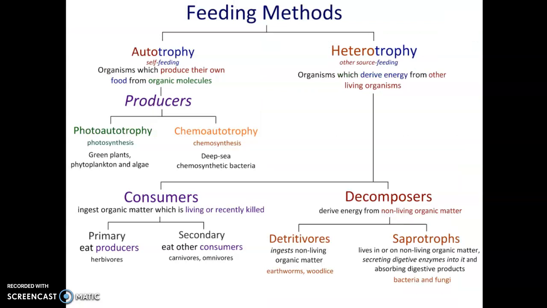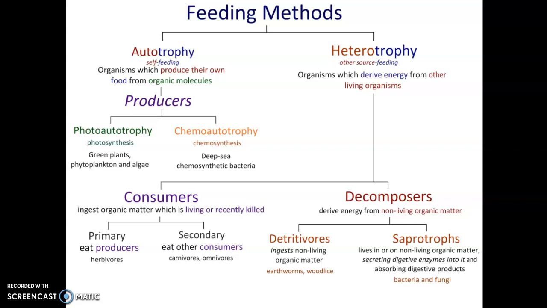Here are our heterotrophs on the right, which again includes our decomposers, both saprotrophs and detritivores, and then the classic consumers, right? Things that eat other organisms that are either living or recently killed. Humans fit in the consumer category here as either primary or secondary consumers, right? So we have the teeth to be omnivores.